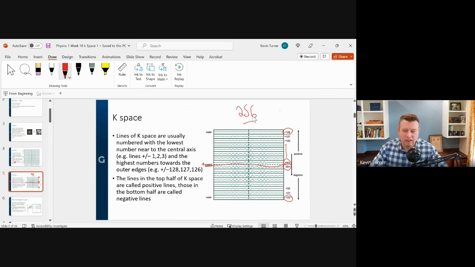If I run a sequence with a phase matrix of 256, I have 128 echoes made with the positive lobe of the phase encoding gradient and 128 made with the negative. Positive and negative doesn't mean the echo is any stronger or any better. It is a directional thing. Is it in the positive side of the gradient or the negative side of the gradient? Negative 128 doesn't mean we're taking away anything, and it doesn't mean it's a weaker echo. It just means it was in the negative portion of the gradient when it was created. Right?